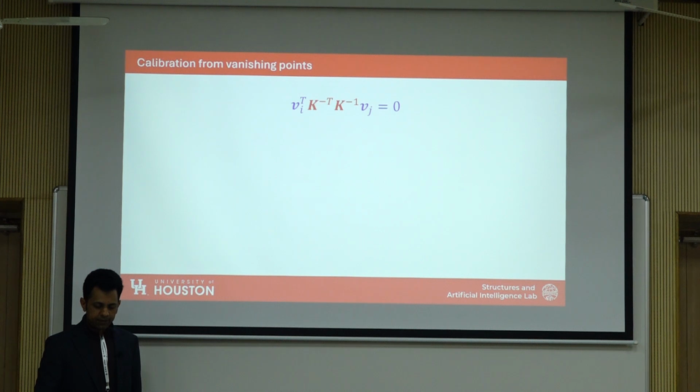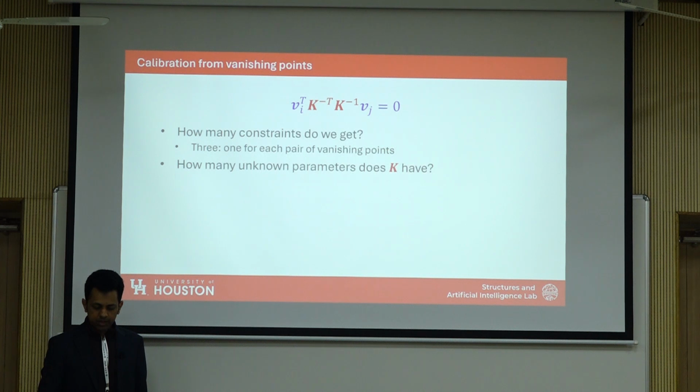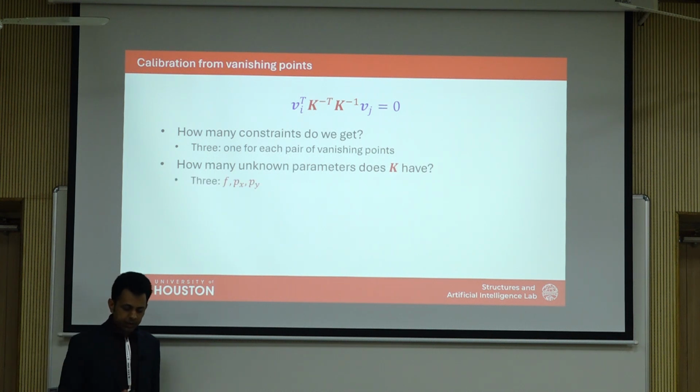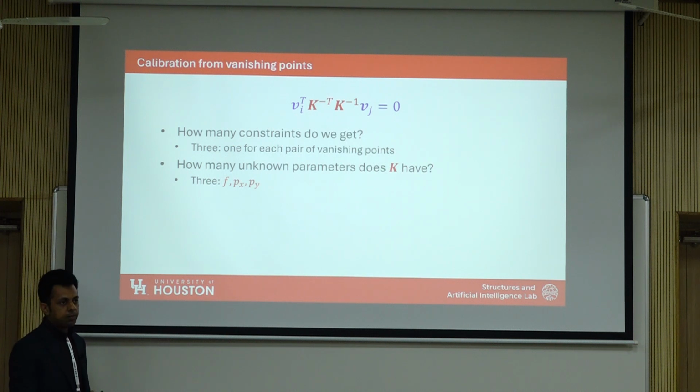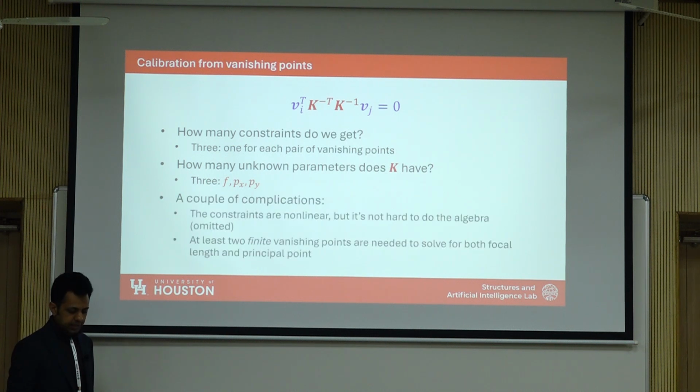Okay, so we have this. How many constraints do we get? We get 3, 1 for each pair of vanishing points. How many unknown parameters does K have? It's a 3 by 3. So in our simplified case, we have f, px, and py as the 3 unknowns. It's not up to scale, right? But those are the 3 unknowns.